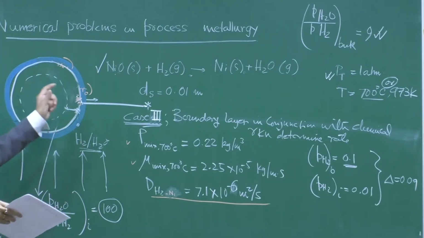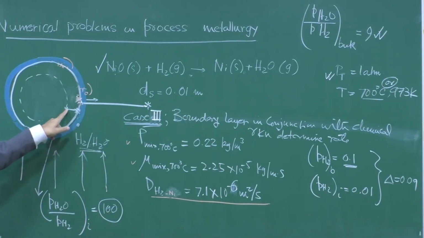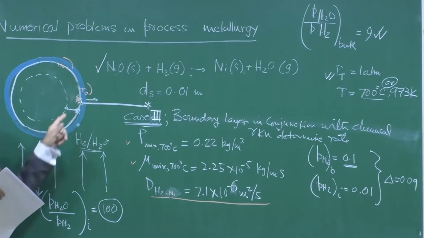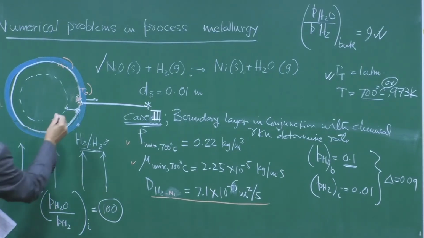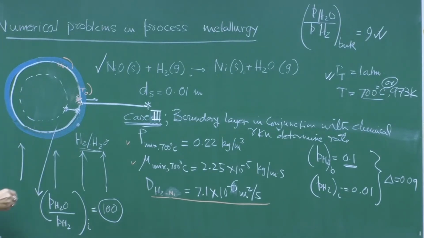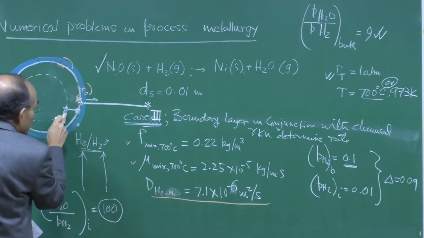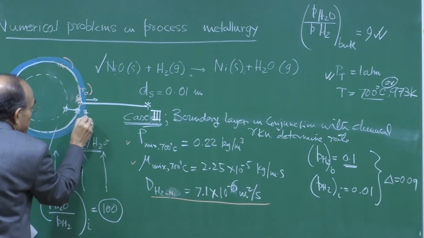So, therefore, this concentration is not known to us. So, that poses a big problem here, but we must understand that we have a chemical reaction rate. The chemical reaction will see this particular concentration. Then we have a mass transfer which is determined by this concentration and this concentration.